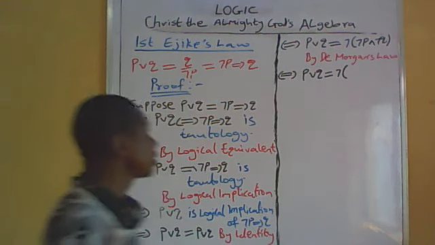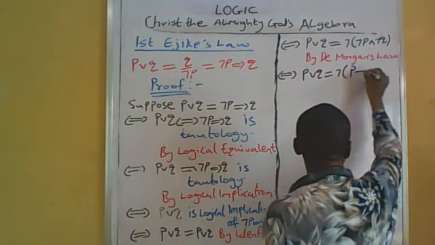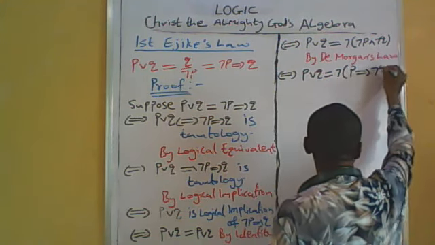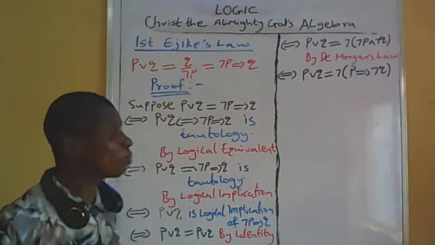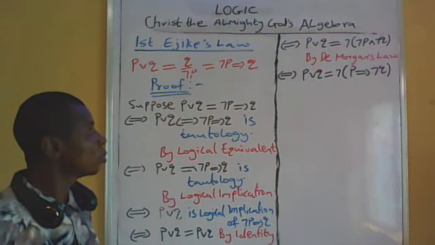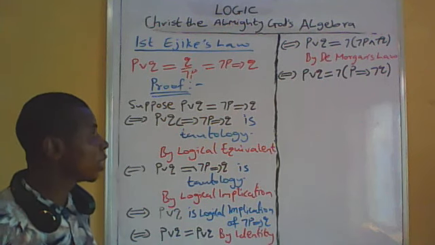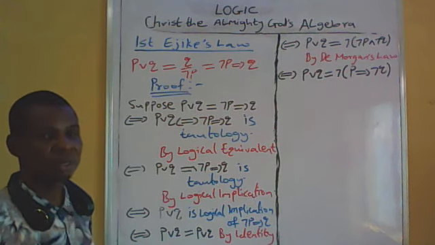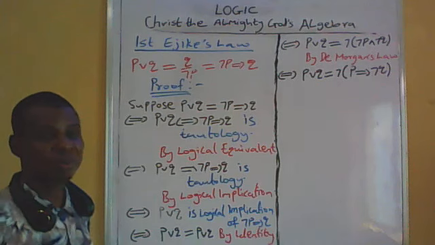That is to say, P implies not Q. We have now increased the value of not P and not Q to be P implies not Q. The value has now been increased.